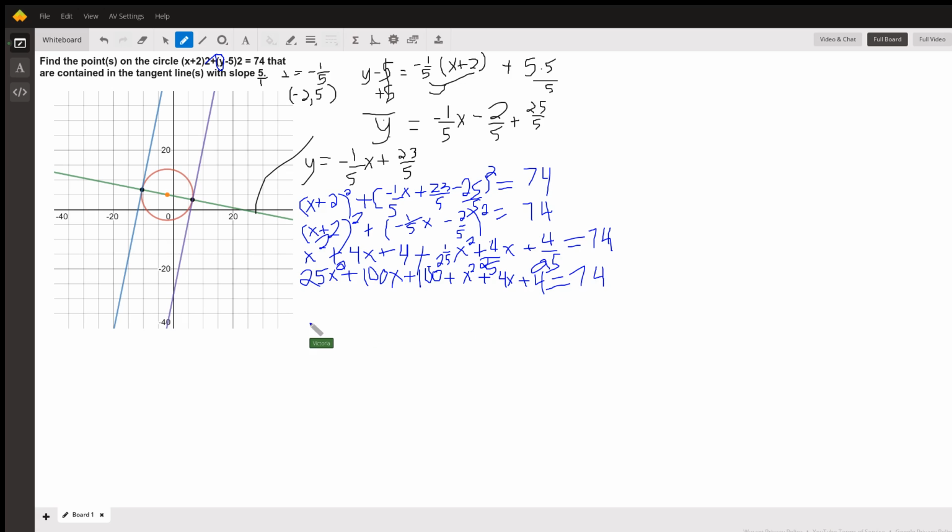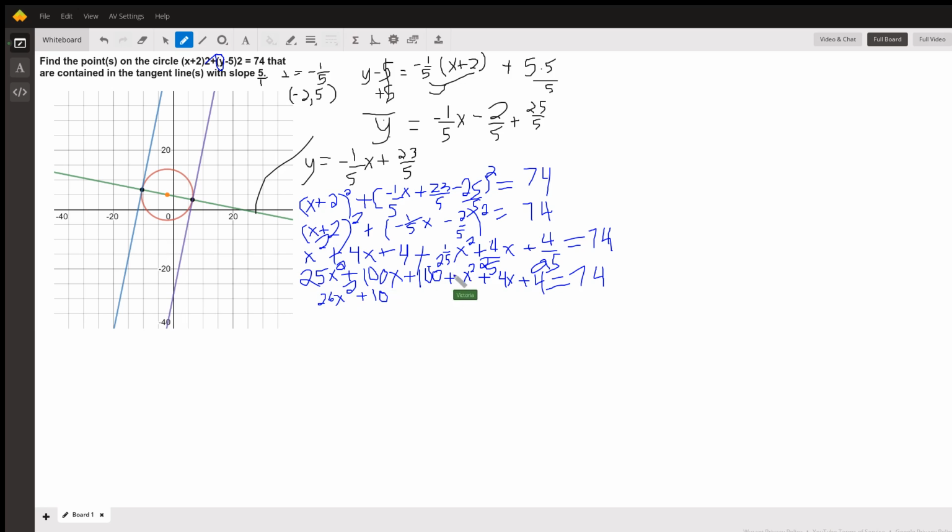And now when we combine like terms, we end up with 26x squared, and then plus 104x, because I have a 4x here and 100x here.